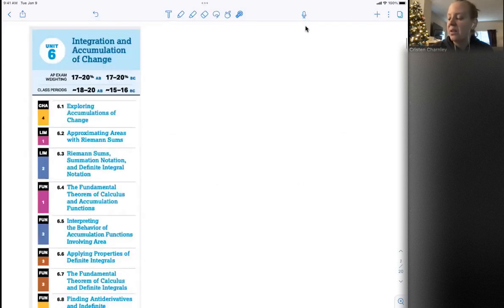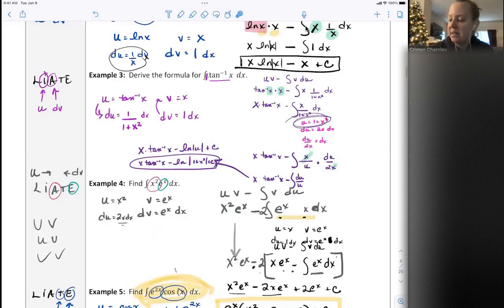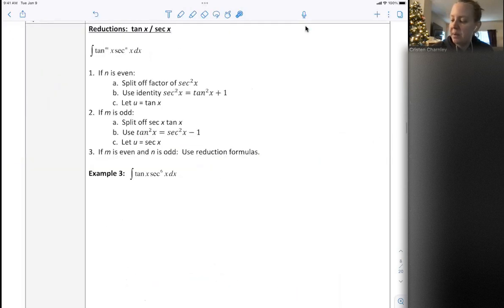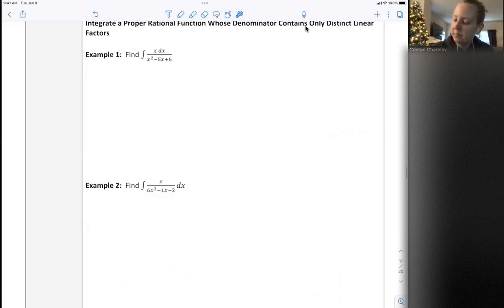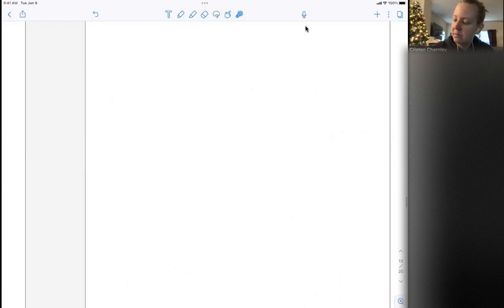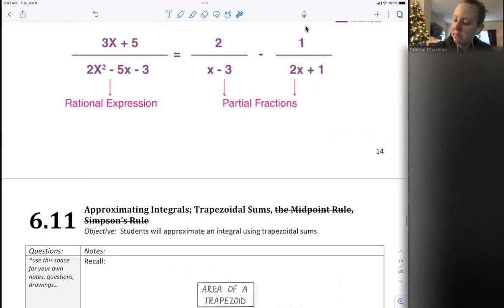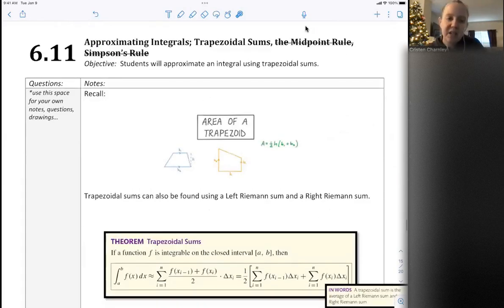Okay. So we are going to go up to 611 and the trapezoid method. All right, so we're back to approximating integrals. Our textbook put trapezoidal sums in this particular unit, even though we've already discussed them.